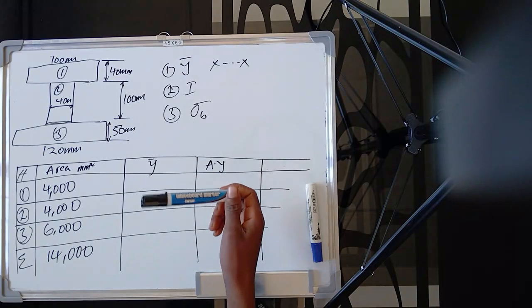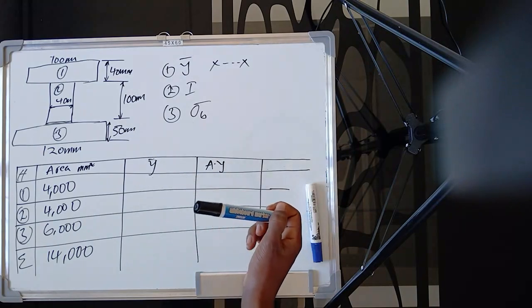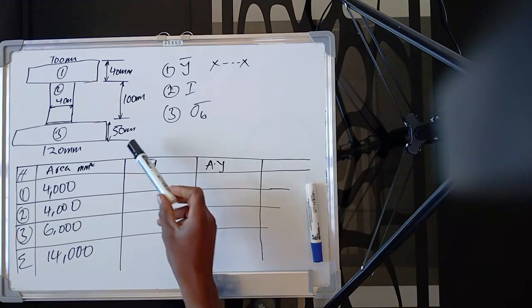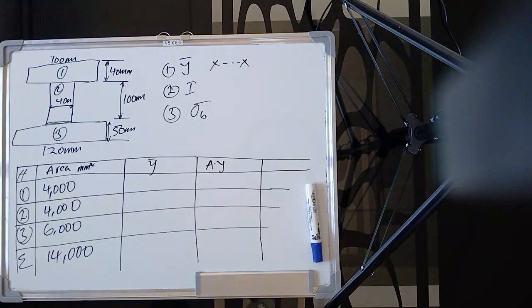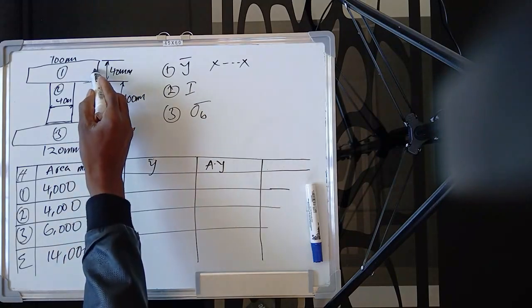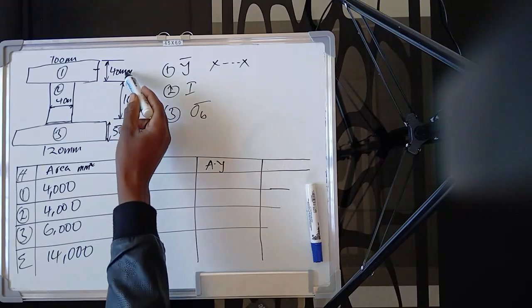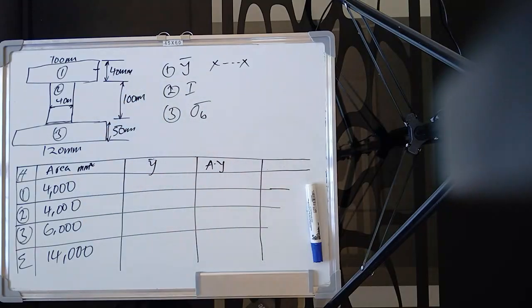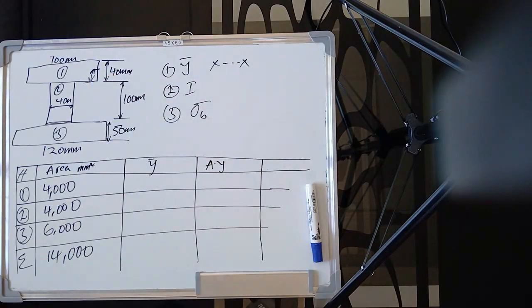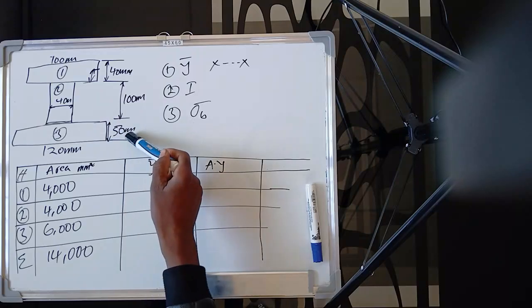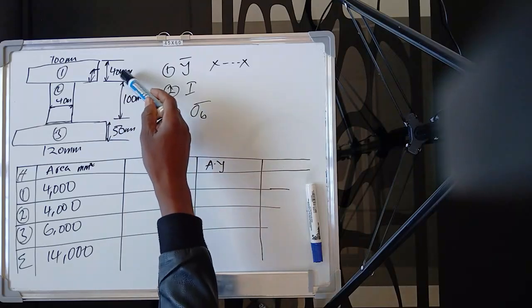Okay, now let's talk about the y for 1. So remember, in the previous lesson, we said it is from the bottom up to the middle of that. So the middle of this is here. The middle of 40 is 20. So I have 50 plus 100 plus 20.